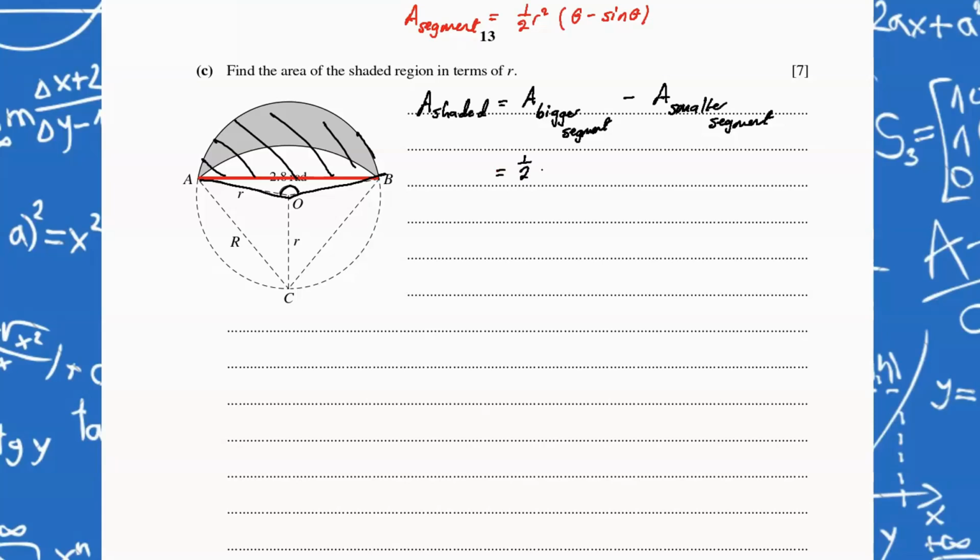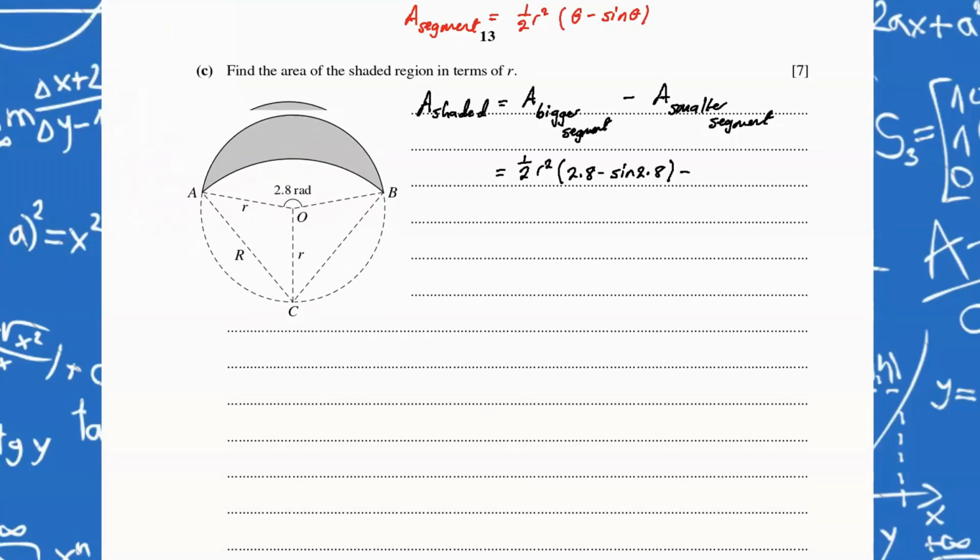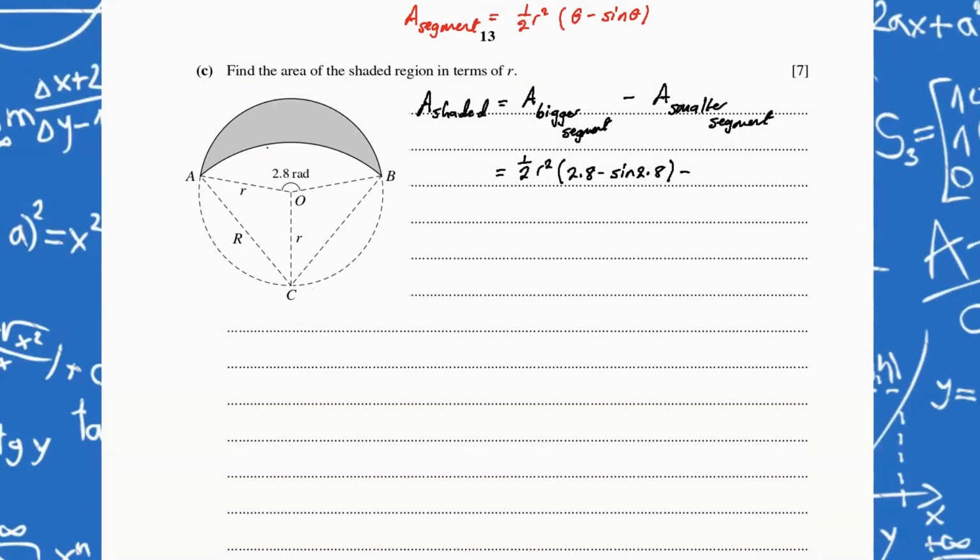that's half of small r squared of theta, which is 2.8, minus sine of 2.8, and that's going to be minus. Now we're considering the smaller segment. Now the smaller segment is, let me just draw that line.